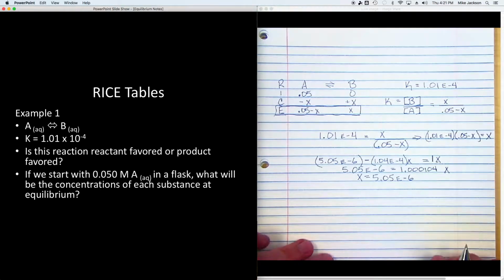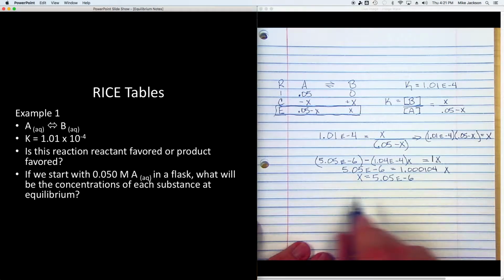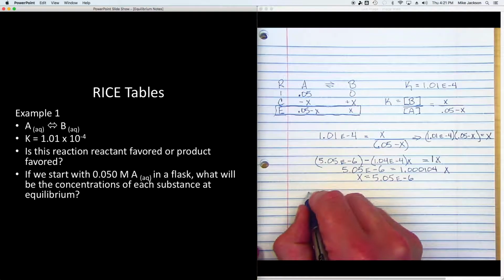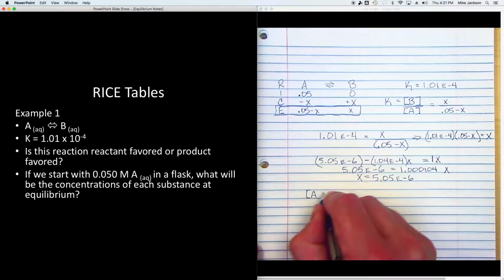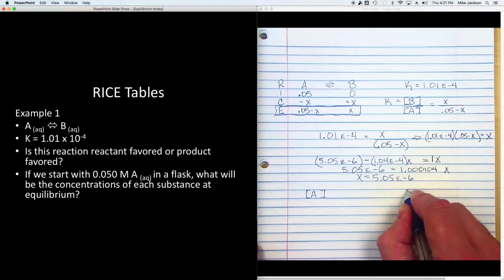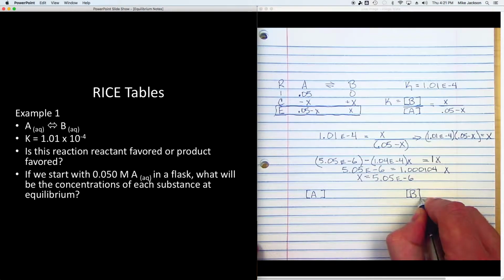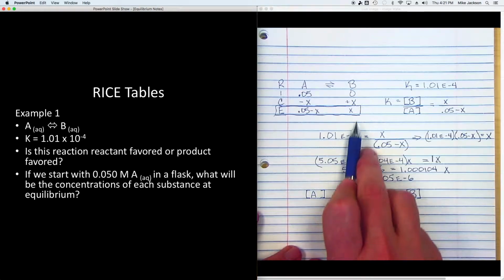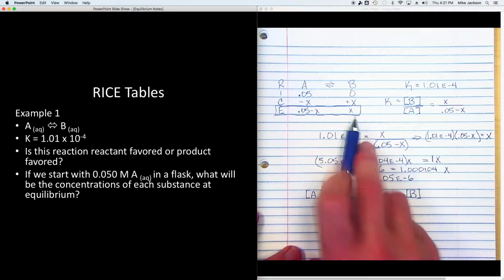Now we're almost done, because the question said, what are the equilibrium concentrations of A and B? So we're going to take the concentration of A, and we're going to take the concentration of B. Now we'll look up at our Rice table. Our x value is 5.05 times 10 to the minus 6. Our B concentration is simply x.